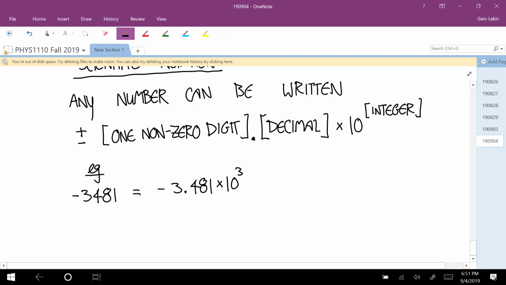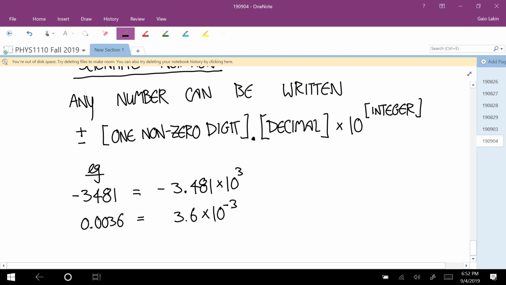And 0.0036 can be written as 3.6 times 10 to the negative third. And so what we need to be able to do is go back and forth between standard notation and scientific notation.